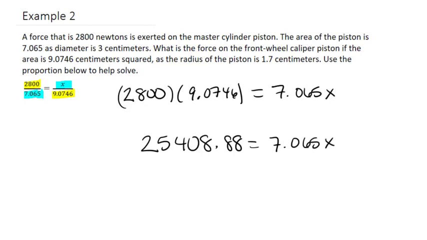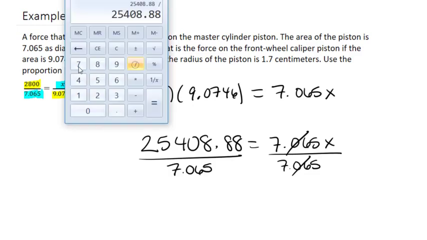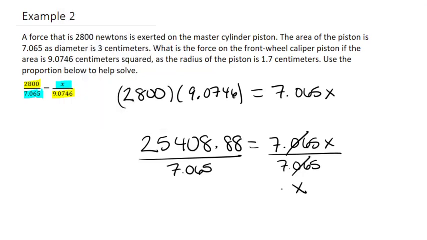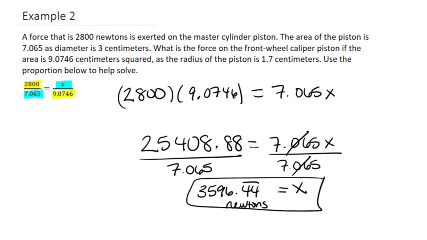So our next thing to get x by itself will be to divide, so we get x is equal to 3,596.44, and this continues, and this is in newtons. So this would be our solution to this problem.